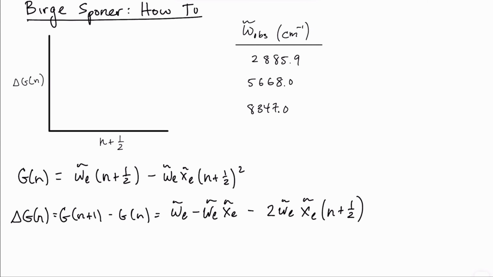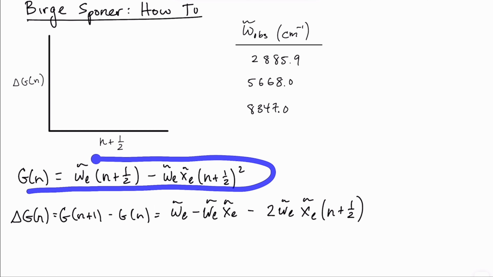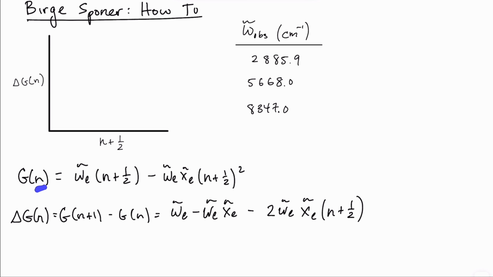What sits underneath the idea of the Birge-Sponer analysis is that we're going to have a model for the oscillator energies that looks something like this. This would be the exact energies that you would expect for a Morse oscillator, for instance, where the nth energy level is omega tilde times (n plus a half), and then you subtract off omega tilde times x tilde, all times (n plus a half) squared.